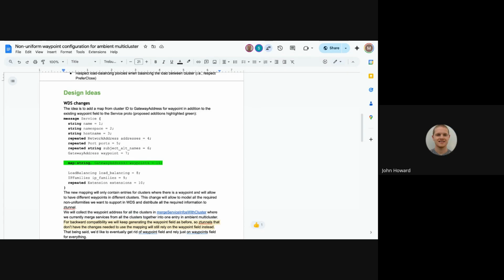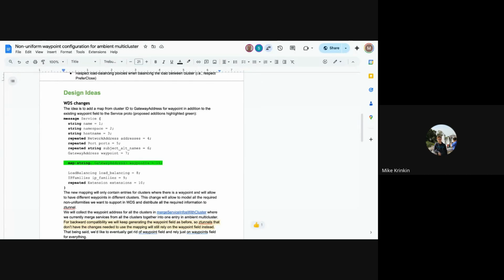Why would you have different names? It just comes for free, right? If you put a map in there, we can actually support different names. But in terms of why we want to support differently named waypoints, I don't know if we specifically want to.